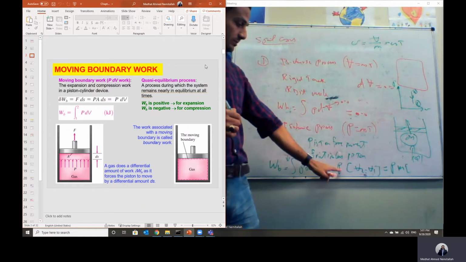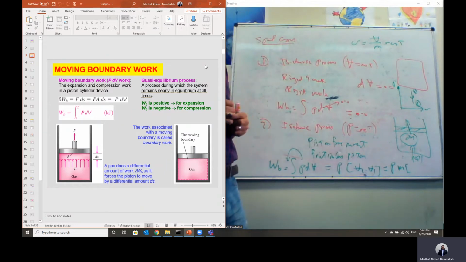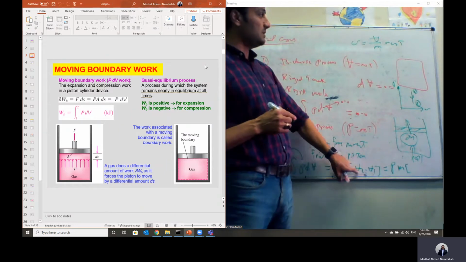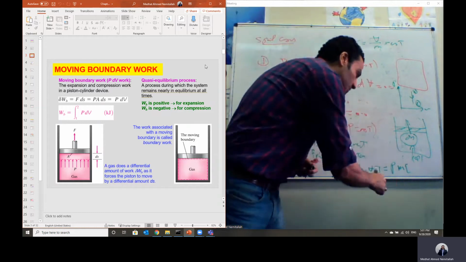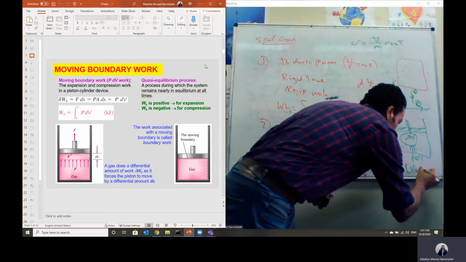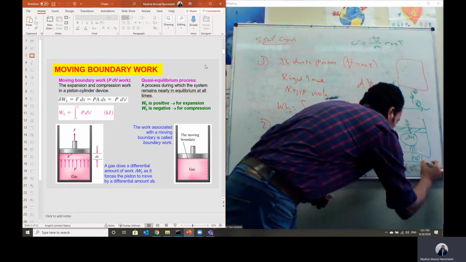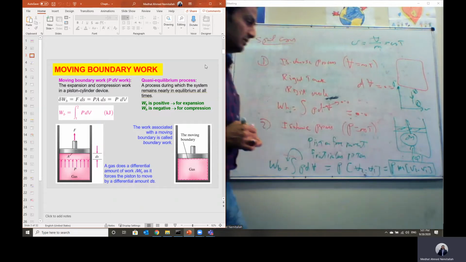The total volume is equal to the specific volume multiplied by mass. So it equals pressure multiplied by mass multiplied by (v2 minus v1), the specific volumes.